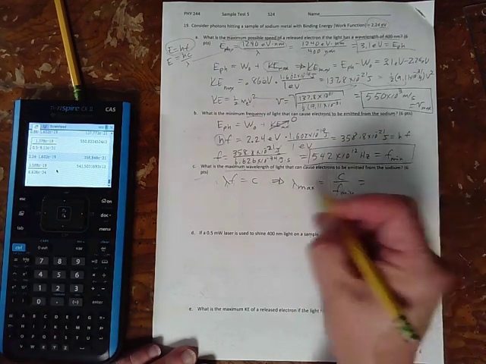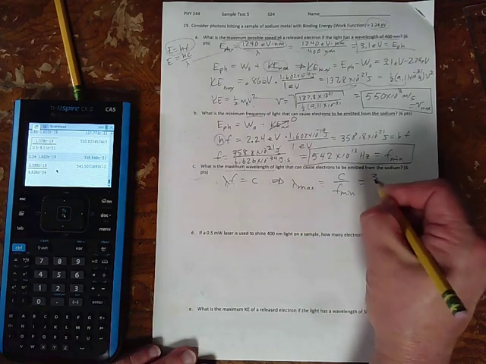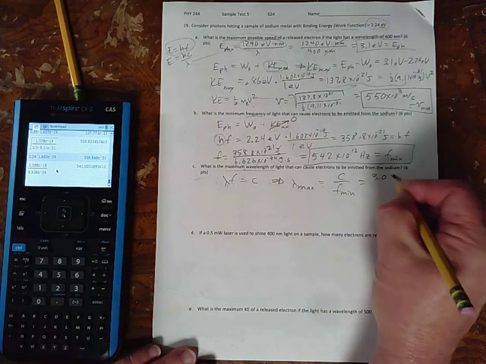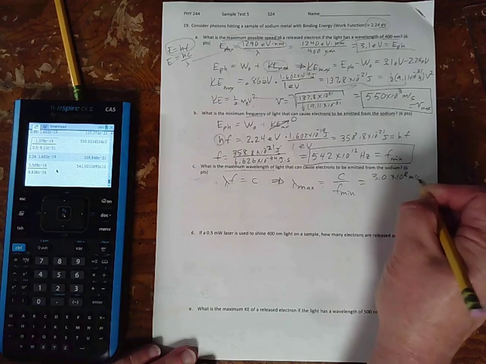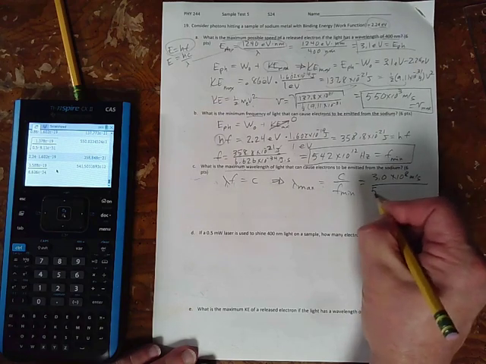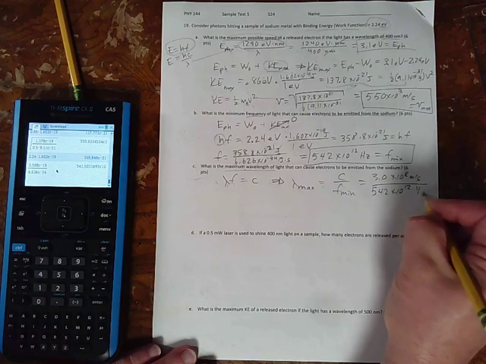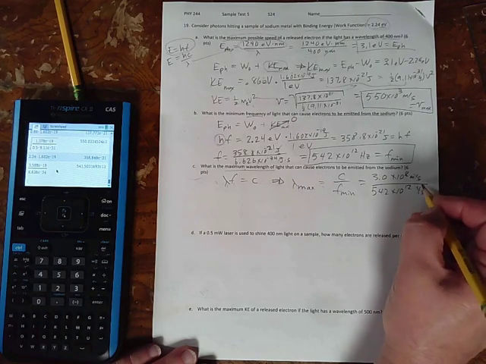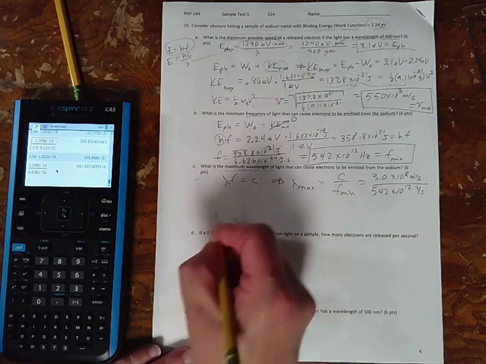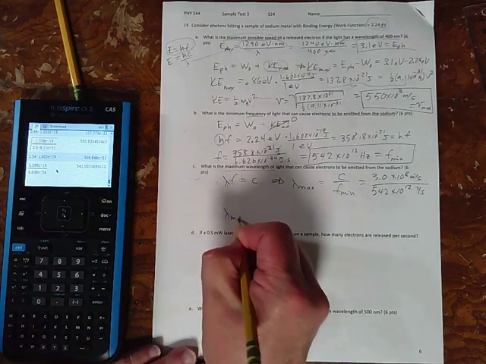Divided by the smallest thing makes the biggest thing, so it's going to be 3 times 10 to the 8th meters per second divided by 542 times 10 to the 12th Hertz, which is 1 over seconds. Those 1 over seconds cancel. We end up with meters, which is what lambda should be, so that's good.